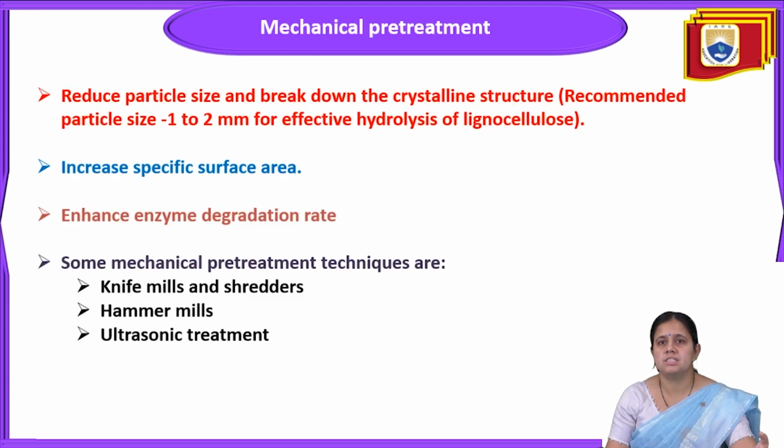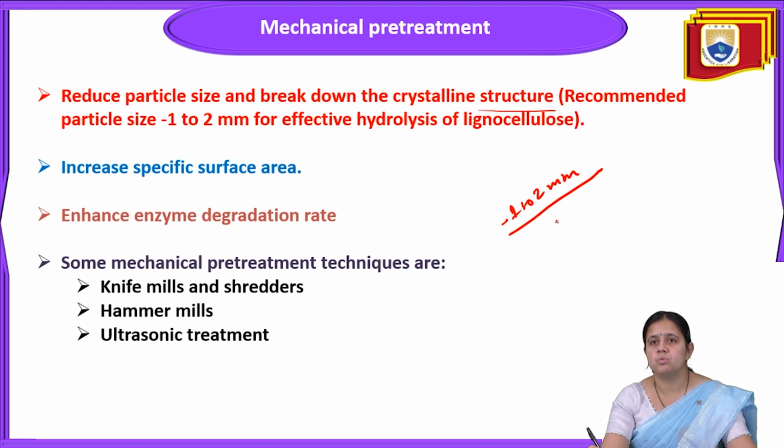Now, first is the mechanical pre-treatment. Mechanical methods are involved in this pre-treatment. Mechanical pre-treatment reduces the particle size and breaks down the crystalline structure, with a particle size of 1 to 2 mm for effective hydrolysis of lignocellulose.